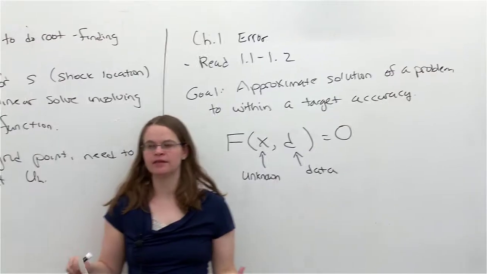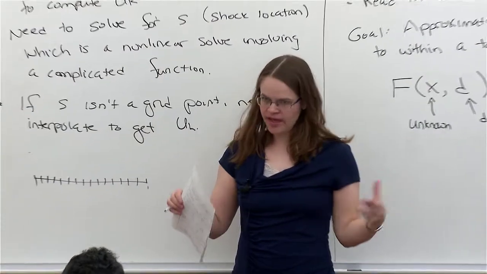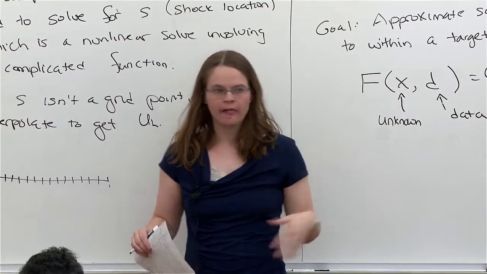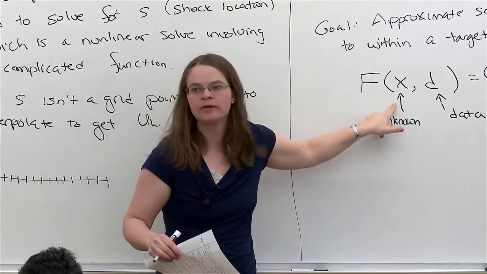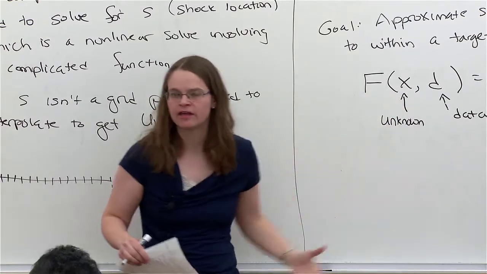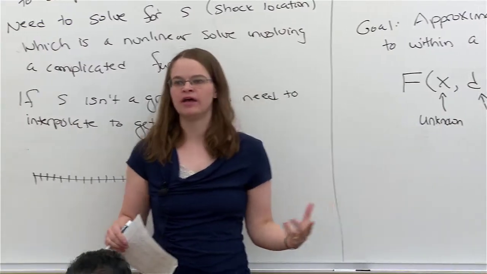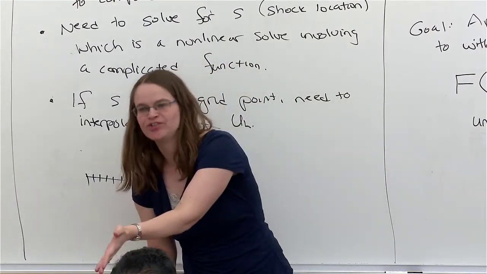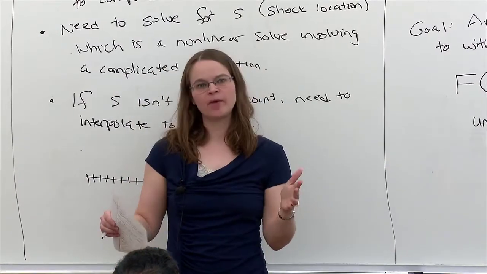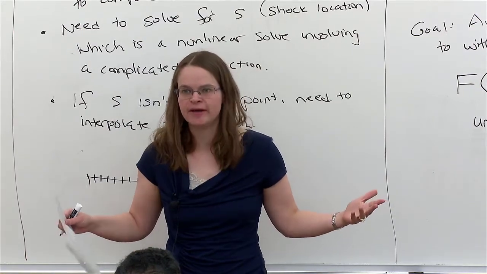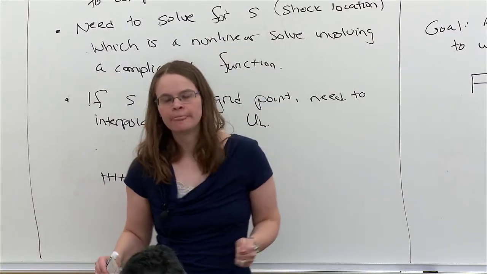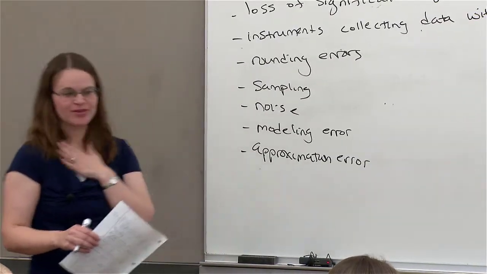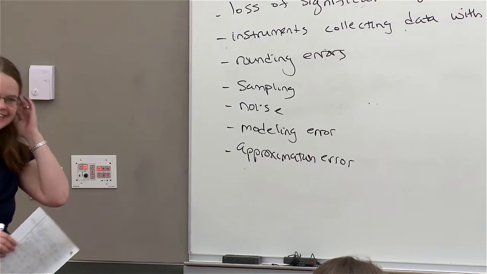And that's why we want techniques to say, okay, given that we have all this error in our data or in our approximation of f, can we get a handle on how bad the error is going to be in x? And the answer is hopefully yes, we could come up with some bounds and say, well, we obviously don't know the exact error, because if we knew the exact error, we would just add that onto our result and get the exact answer. But we might be able to say, well, the error is less than 10 to the minus 3. I'm confident of that. So yeah, you should be worried that we're going to be wrong. But that's why we're mathematicians.